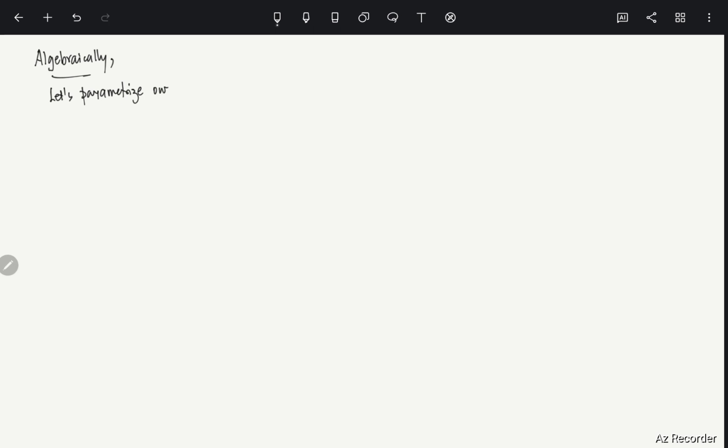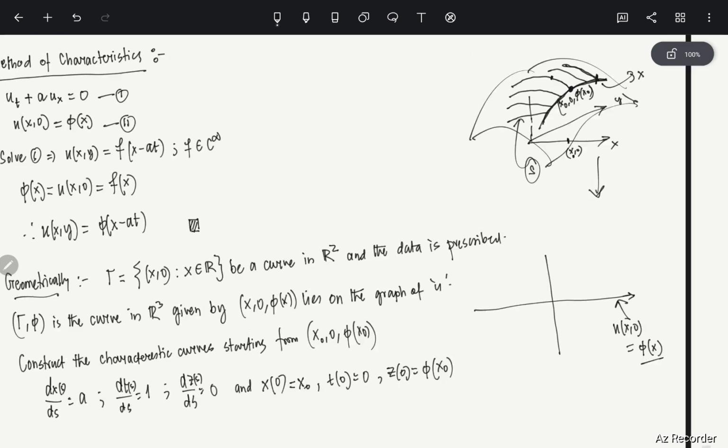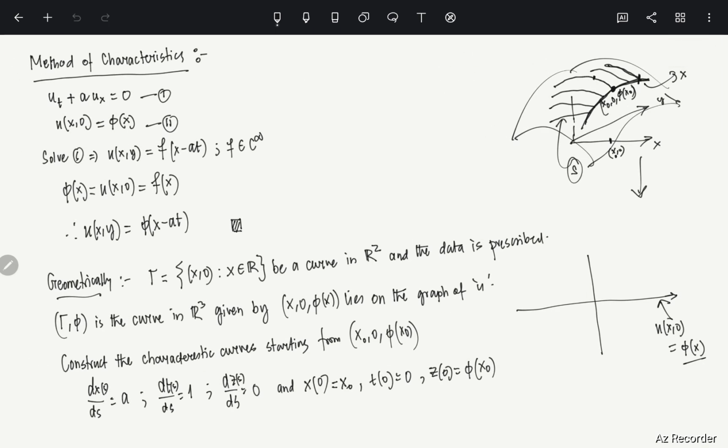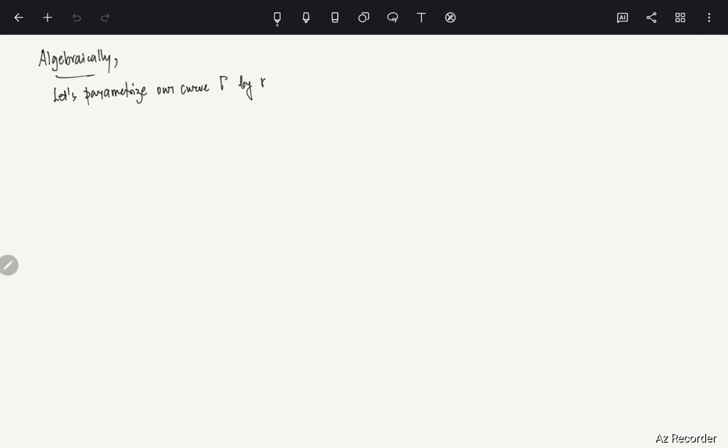Parameterize our curve gamma, that is your initial data, by r. Where I was writing x, that will be your r. So our initial data is r, 0, phi of r. Basically gamma should be written as r, 0, phi of r. So that's your initial curve, the initial data where it is given.